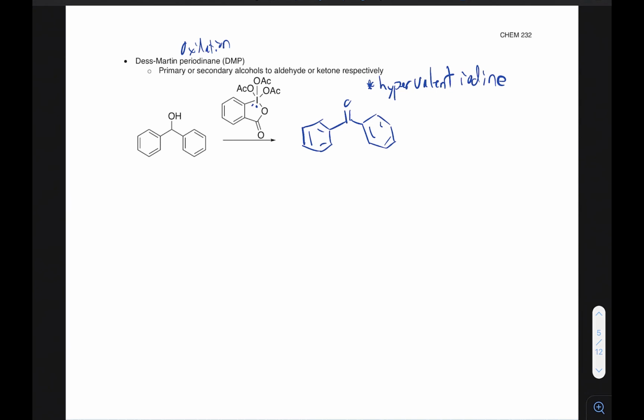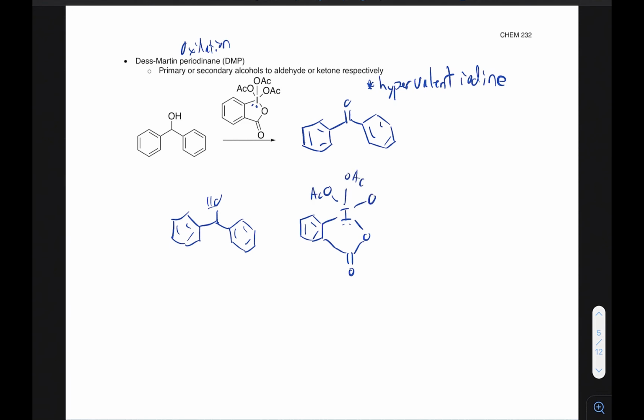So, okay, for this reaction mechanism, where we have our alcohol again, we have this DMP, right, this big old molecule over here. And we have all these acetyl groups.